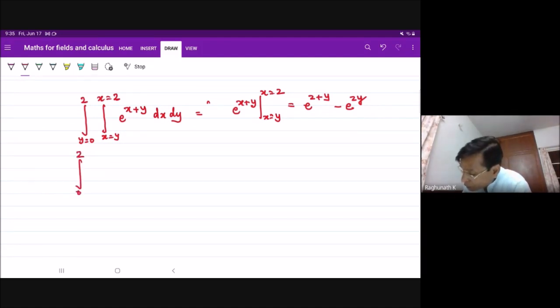Integral 0 to 2 e power 2 plus y minus e power 2y dy. Am I right? Correct?